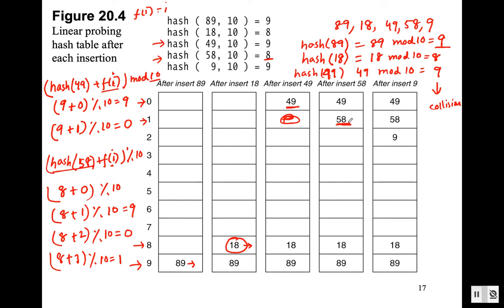Now can you see how we are approaching this? When we inserted 49, we found a collision with 89. We inserted 49 at the next empty cell. We check whether the next cell, 0, is empty.